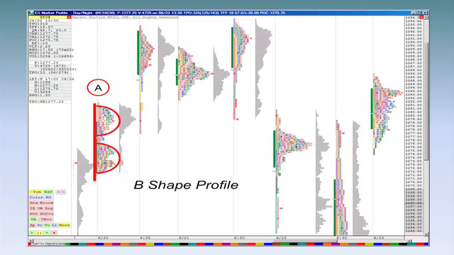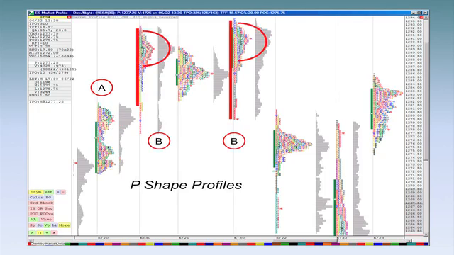Another very popular shape that's a very powerful one on the profile, the acronym for it is a pop at the top. All right, you see the letter P. And basically what is happening here, prices moved up, we came to a stopping price.